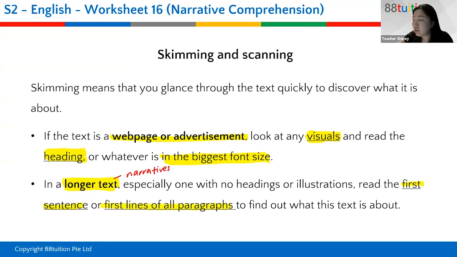Why? Because the first line of a paragraph is usually the topic sentence, which summarizes what the paragraph is going to be about. So when we quickly skim through, we roughly know, okay, this paragraph is going to be talking about this. And then the details will come after.